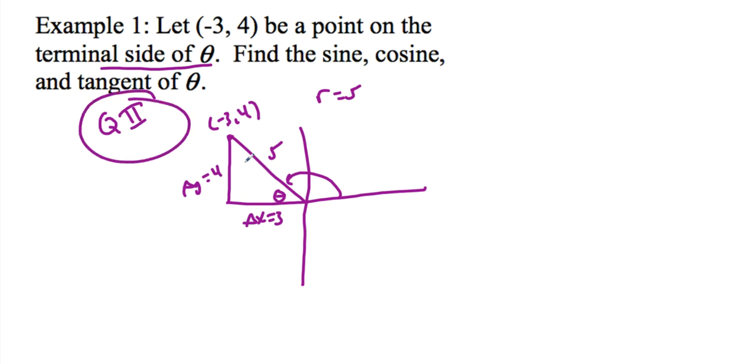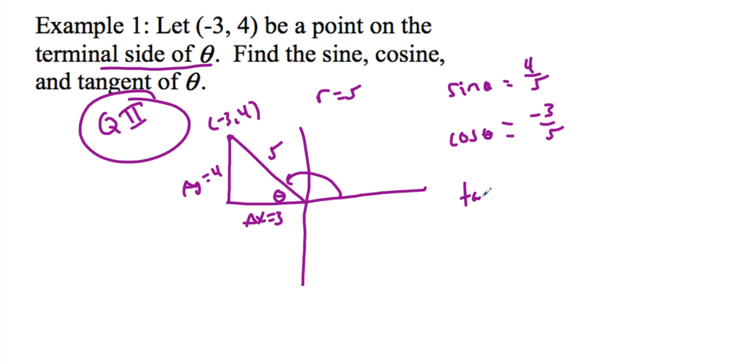And we're going to start looking at the values of our sine, cosine, and tangent. So for my sine of theta, I have opposite, that's my y value, over hypotenuse. My cosine of theta is going to be adjacent. Now that delta x is 3, but my value is negative 3 over 5.